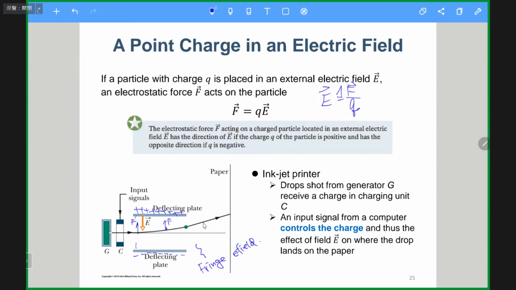In that case, it is just like what you have learned before: if you have an initial velocity v, and then there is a gravitational force mg, then it will look like a parabola.